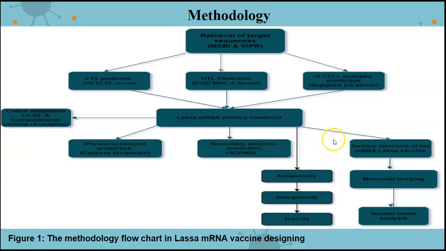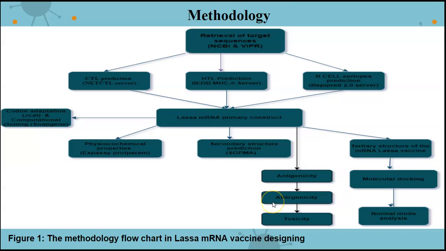The tertiary structure was done using I-TASSER. Downstream analysis of the primary construct, such as antigenicity, allergenicity, and toxicity, was also done to assess if the vaccine is antigenic, non-allergenic, and non-toxic.